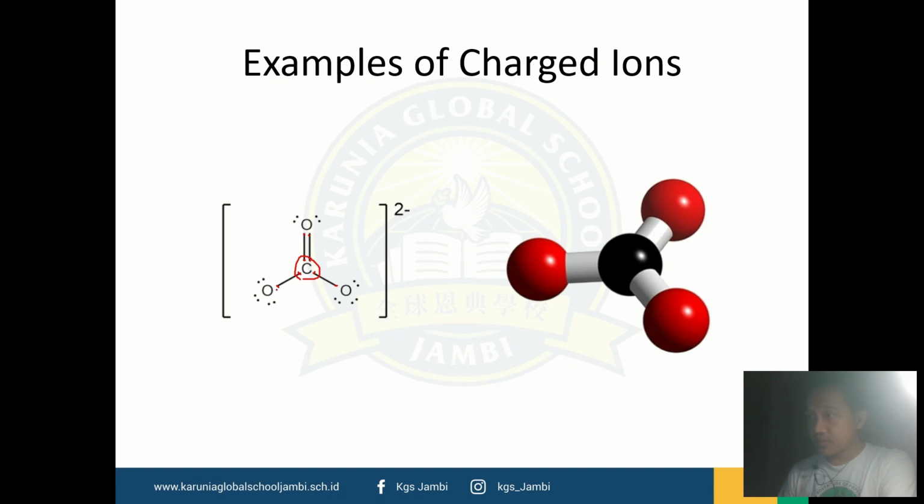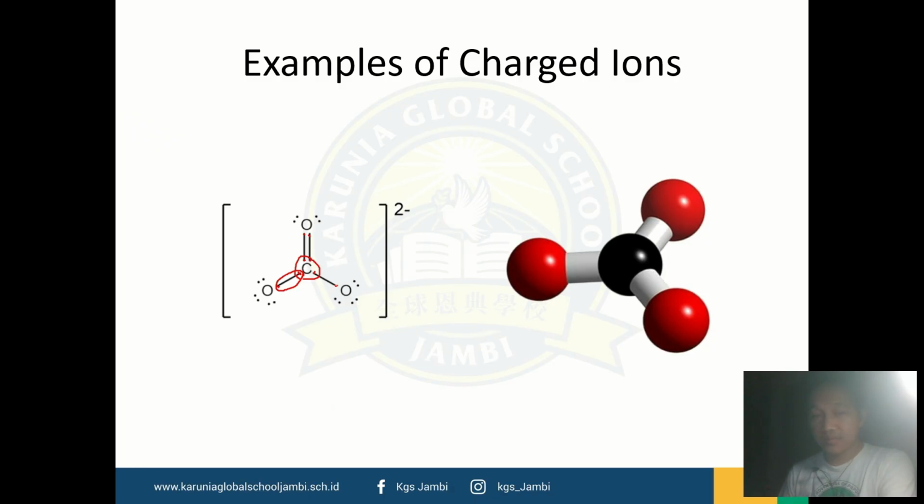So because in the bonding, the electron that bonds them together is on the shell of the carbon, now the carbon has 1, 2, 3, 4, 5, 6, 7, 8 electrons.